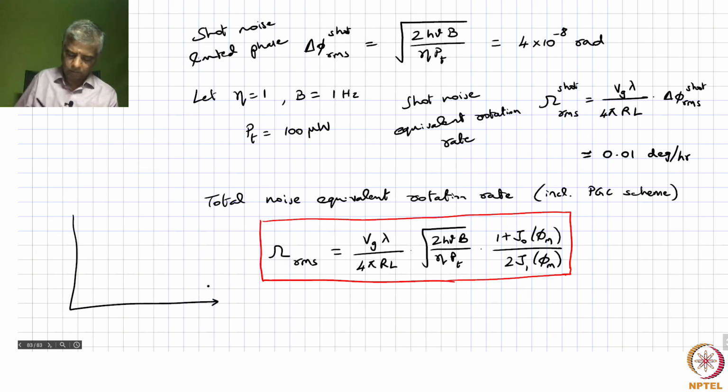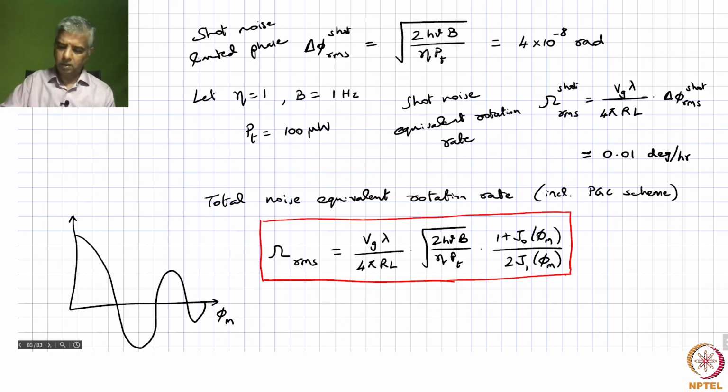So, your Bessel functions as a function of phi m, your zero order Bessel function is something like this, and your first order Bessel function is something like this.